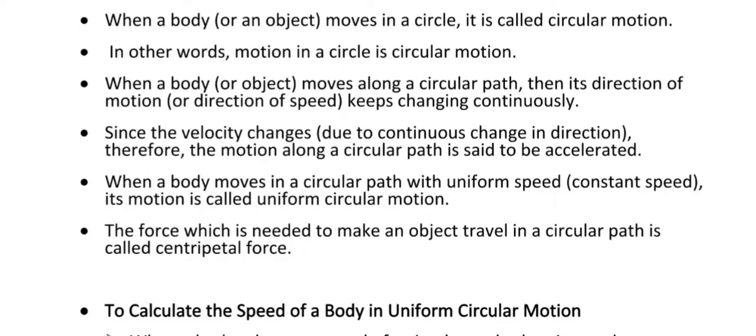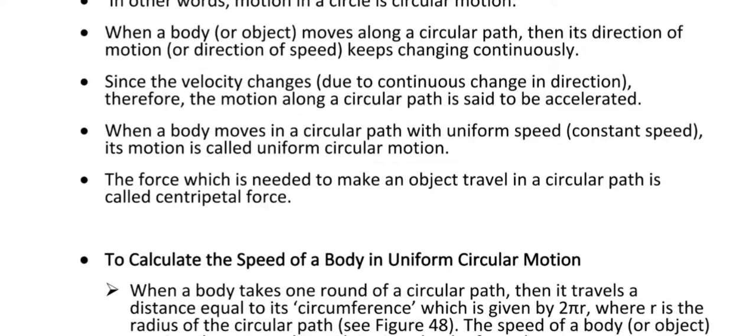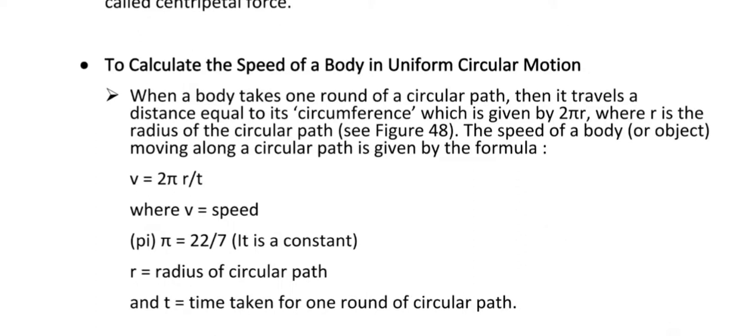So if the direction is continuously changing, velocity will also change, because if the direction changes, the velocity could be different at any point. So we can say that it is an accelerated motion. So when a body moves in a circular path with uniform speed, it is having uniform circular motion, or the accelerated motion. And the force that needs to be there is called the centripetal force.